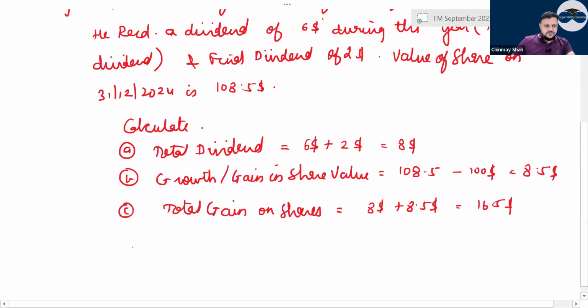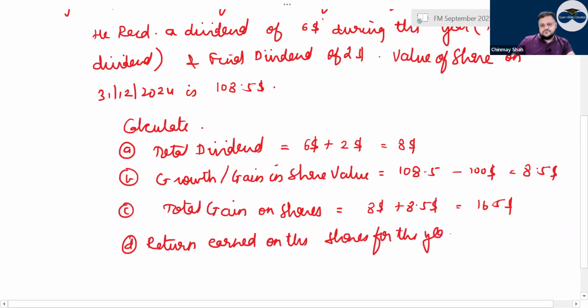Therefore, how much is the return earned on the shares for the year? Return percentage earned on the share.